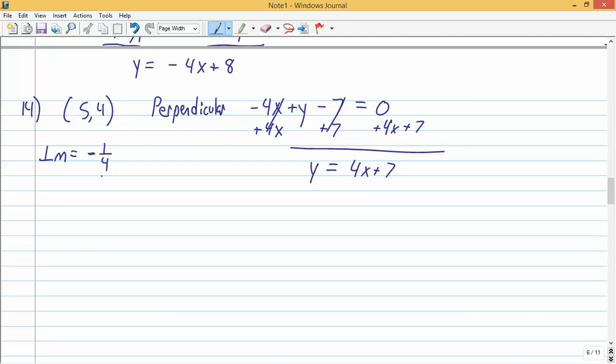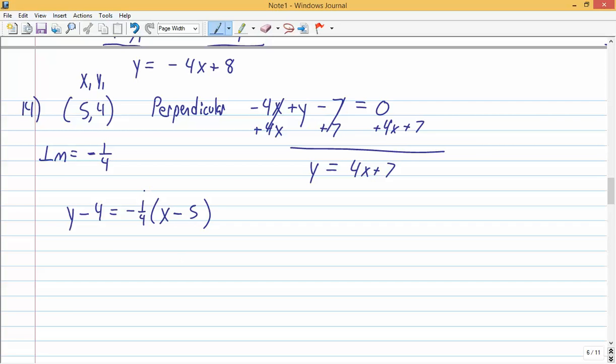Alright, so the perpendicular slope is negative 1/4. Now my directions say that I want the equation in slope-intercept form. So first I'm going to put it in point-slope form, then I'm going to make it y equals. So y minus y sub 1 equals m times x minus x sub 1.